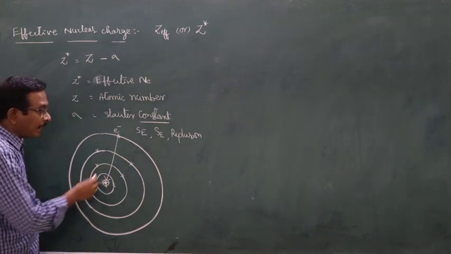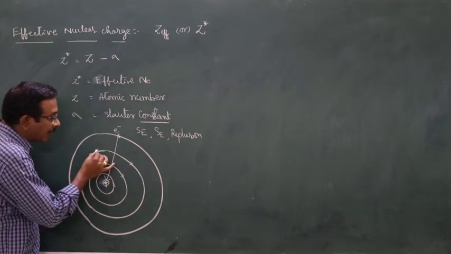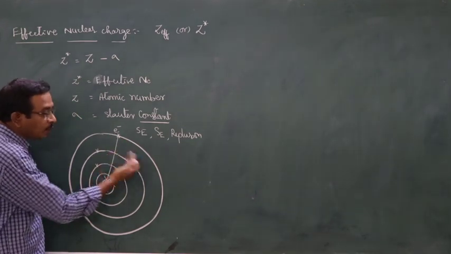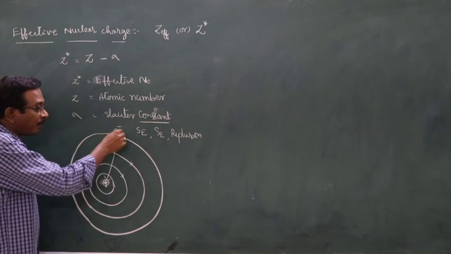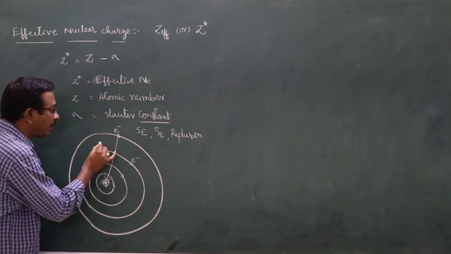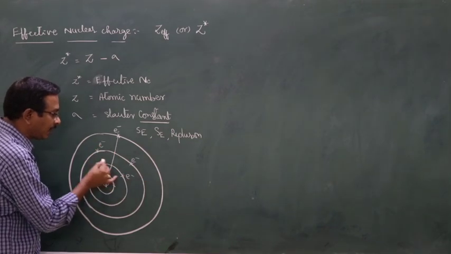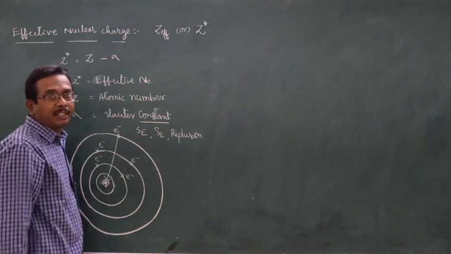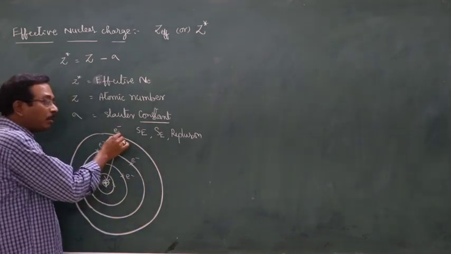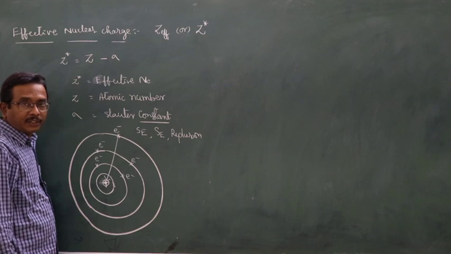At the same time, the electrons present outside the nucleus are negatively charged. Here, there will be a repulsion between the like charges. Each and every electron is negatively charged, and the outermost electron is also negatively charged.